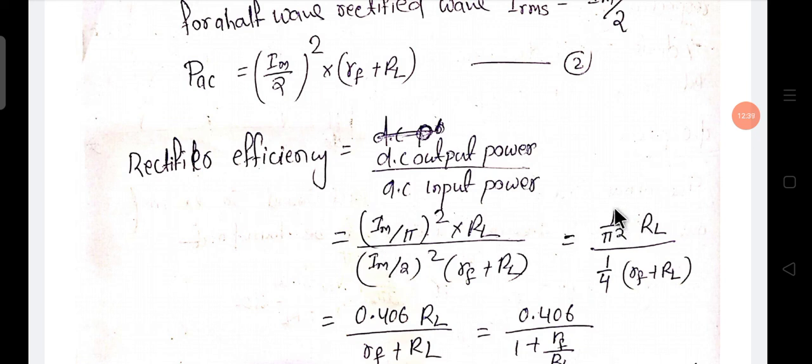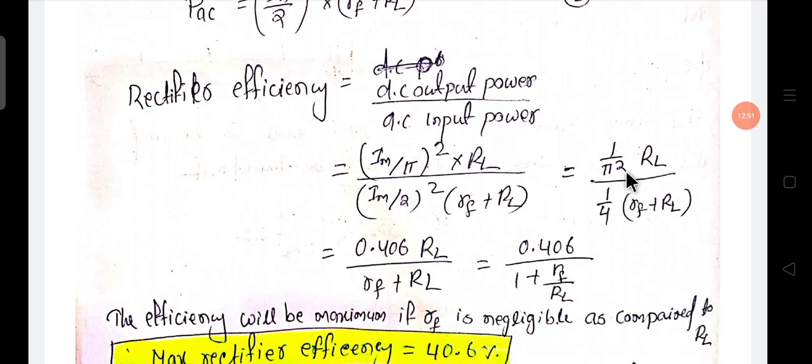The rest is 1 by pi square into RL over 1 by 4 into RF plus RL. Then 4 goes up with 1 by pi square, and the total is 0.406 into RL by RF plus RL, which is 0.406 over 1 plus RF by RL.